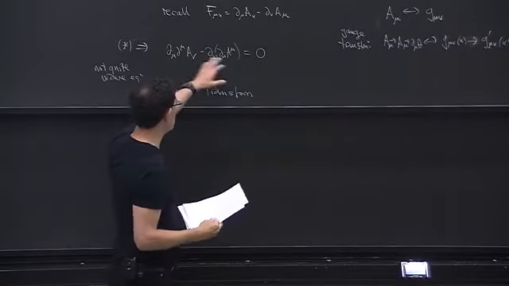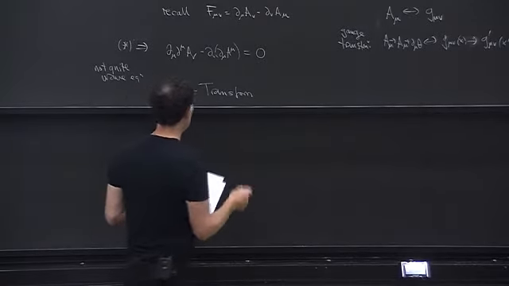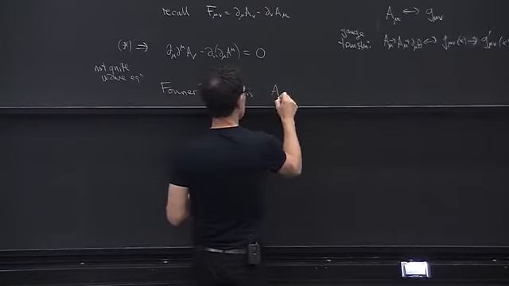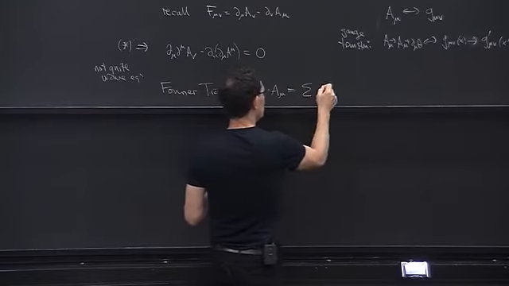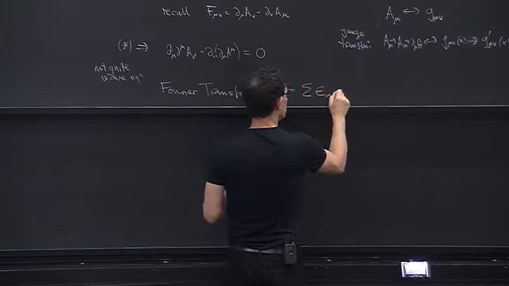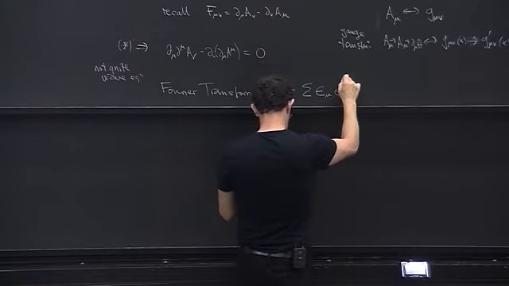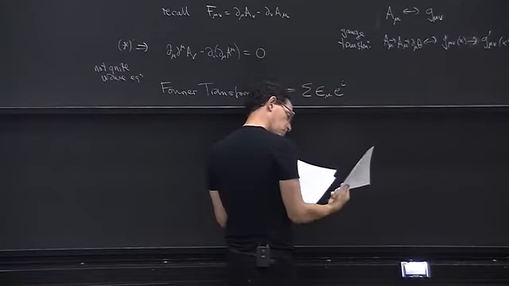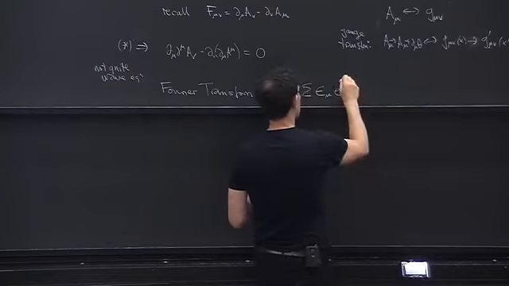There's no explicit x's anywhere. So if we write A mu as the sum of epsilon mu e to the i k dot x.